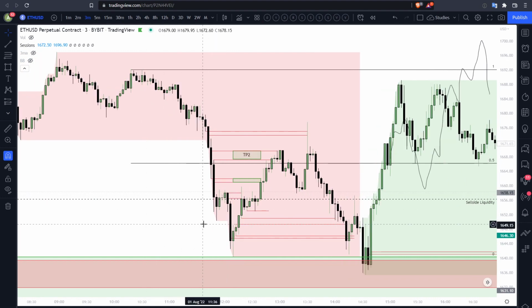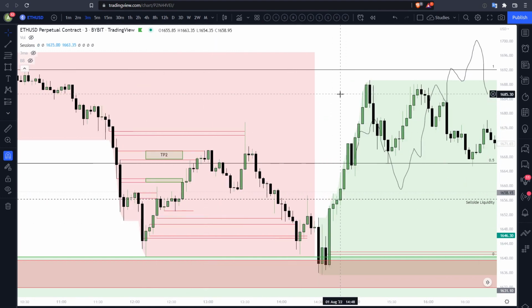the model entry into trades where basically price is breaching, for example, sell side liquidity and creating these gaps on the bounce.